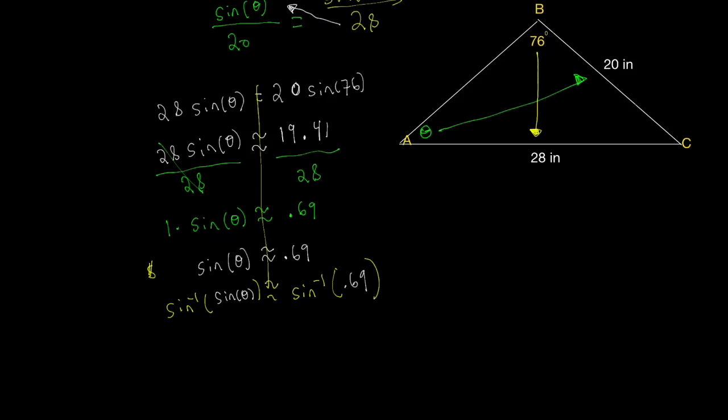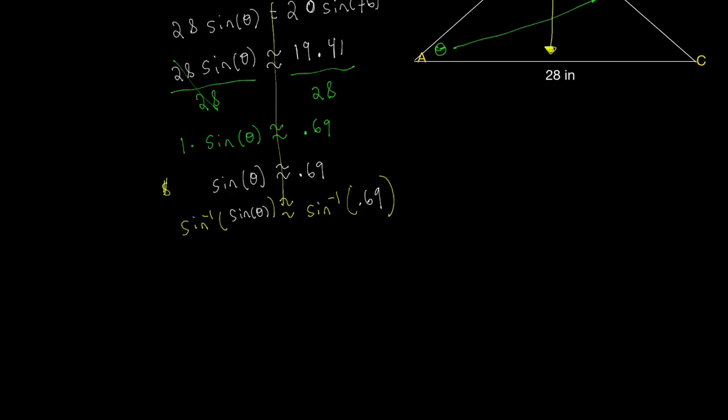On the left hand side, the inverses cancel out and we get 1. So theta's isolated. 1 times theta is approximately equal to sine inverse of 0.69. We can input that in a calculator. We get approximately 43.63. So theta is approximately equal to 43.63, and that is the measurement of that angle.